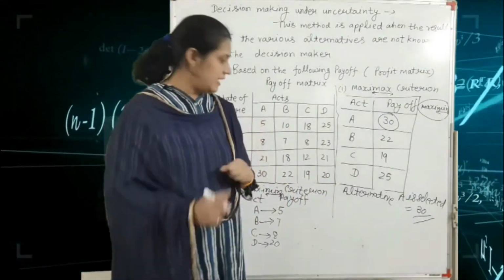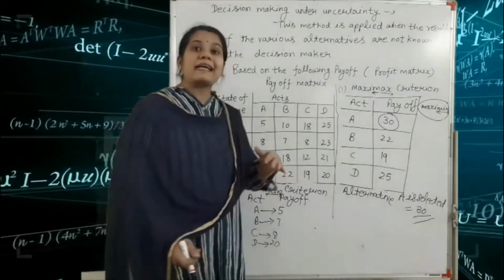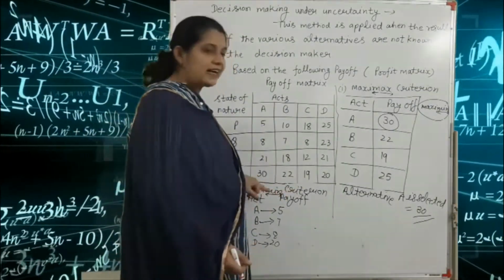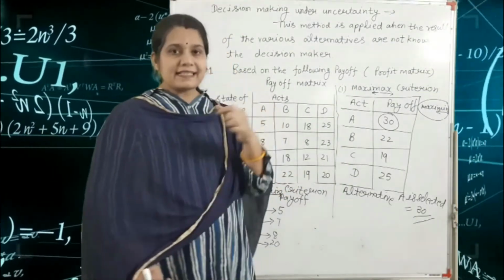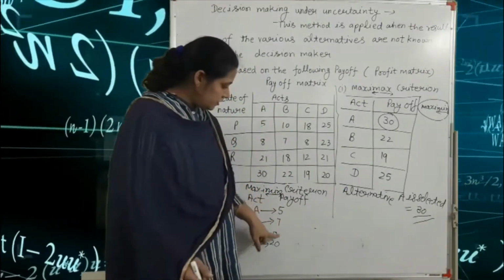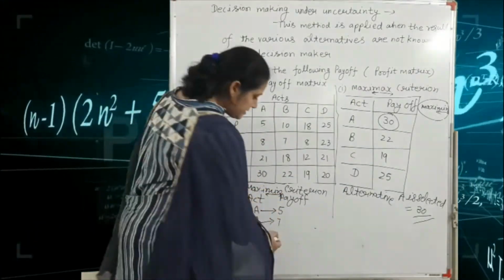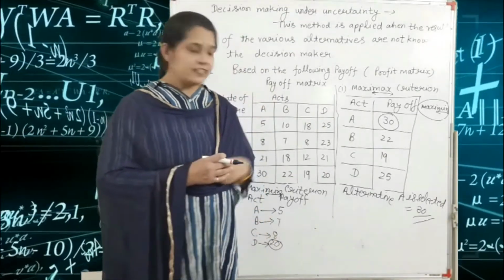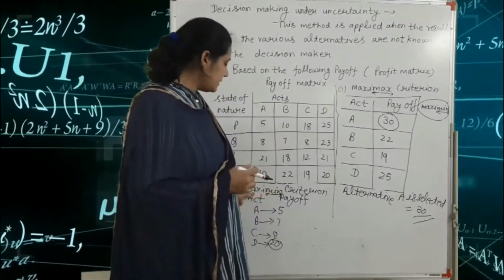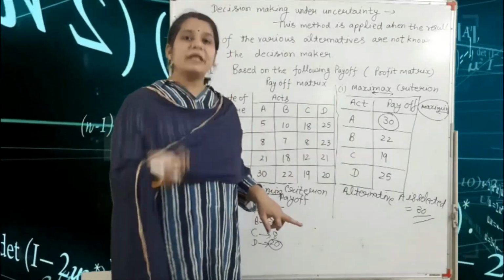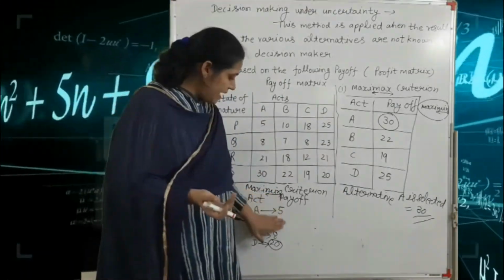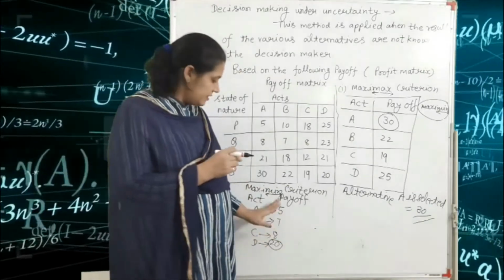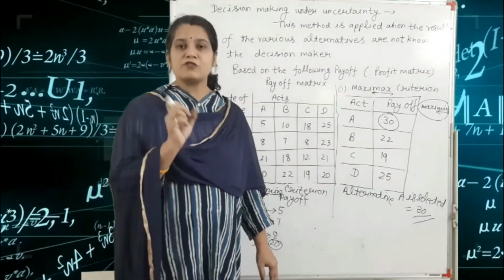Got it? After that, here we write the maximum, starting from maxi, that means the maximum value. According to this column, the maximum value is 20. Got it? In case we write the minimum criterion, in the payoff column we choose the minimum value.